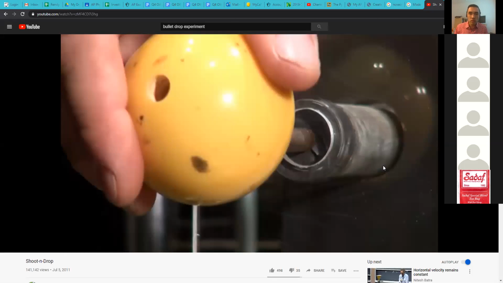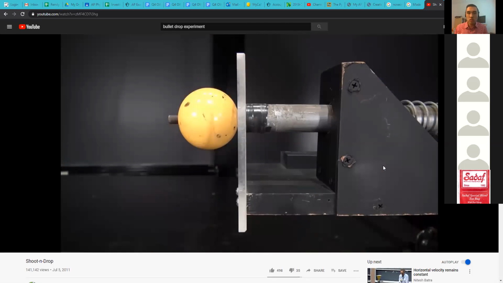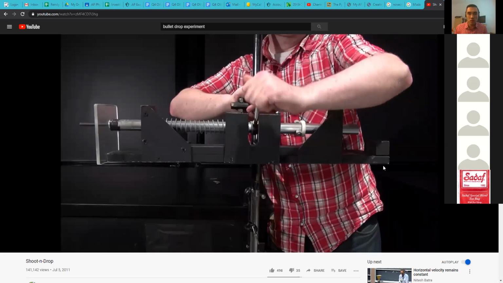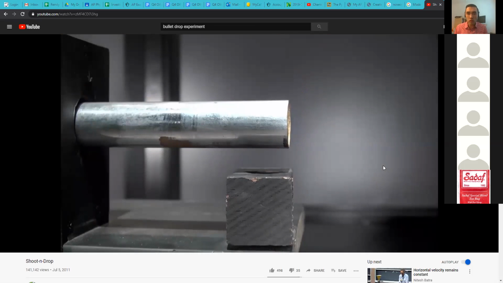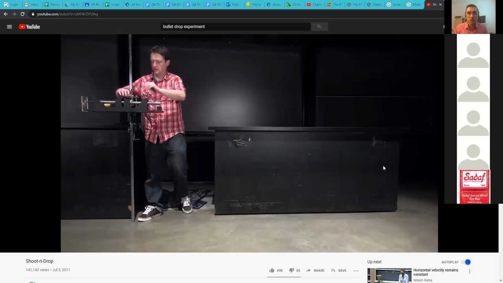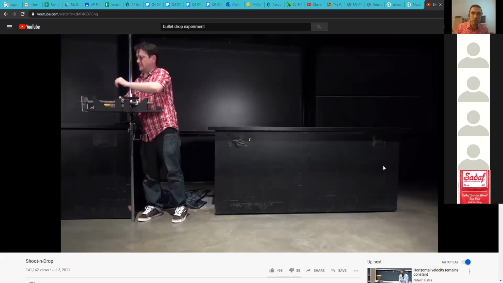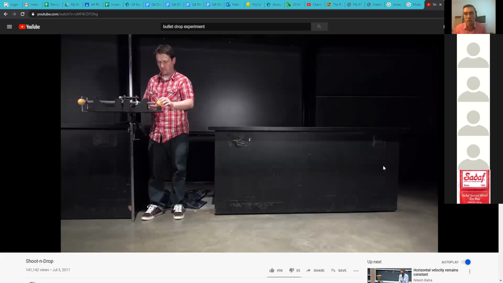To the left, there's a rod where we're going to place one cork pull ball, and it makes it so that when the spring-loaded launcher launches, it drops straight down because the pin is being pulled out of it. And on the other side, we have a regular pool ball that is being smacked. And because it's a single mechanism doing all of the motion, it guarantees that one ball is dropped at the exact same time that the other ball is launched out to the side, or launched out sideways.